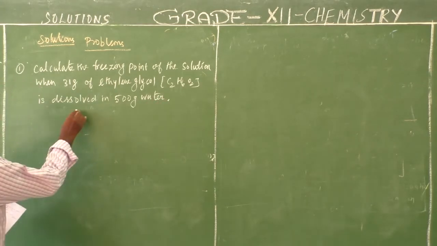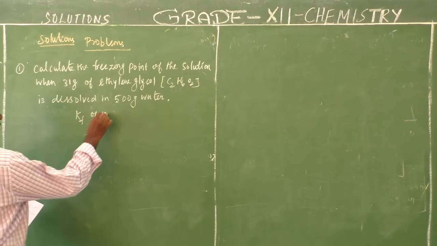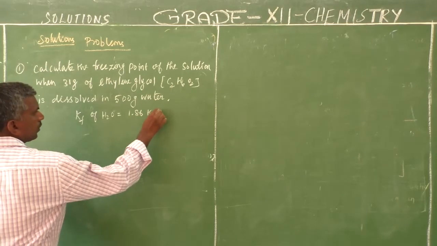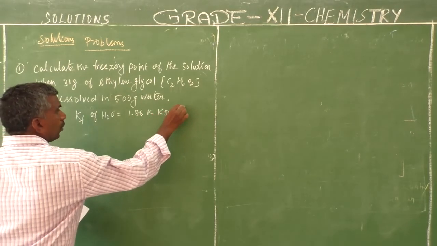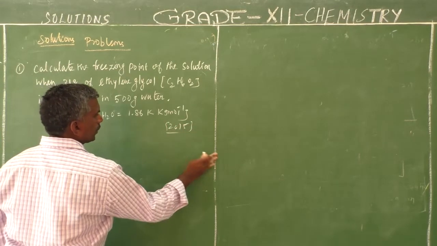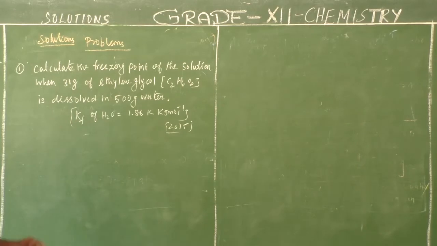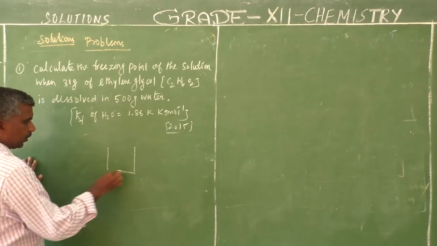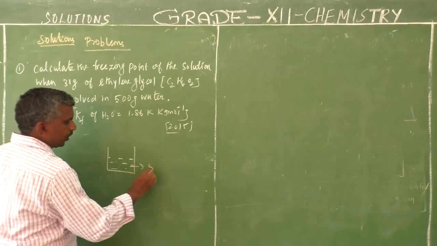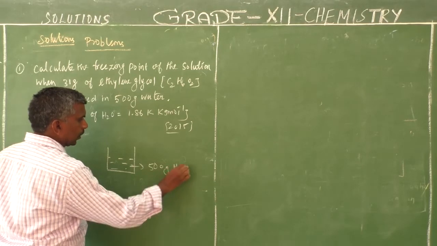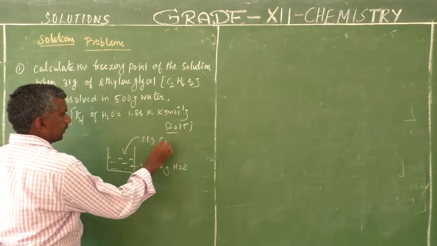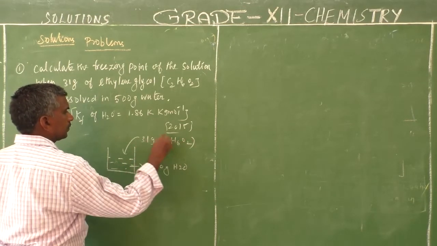Okay, data: Kf, the freezing point depression constant of water, is 1.86 Kelvin kilogram mole inverse. This is a 2015 question. That means one beaker containing 500 gram water, and now 31 gram of ethylene glycol is added.